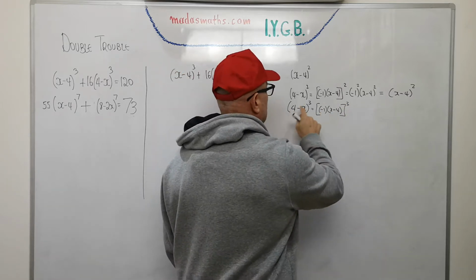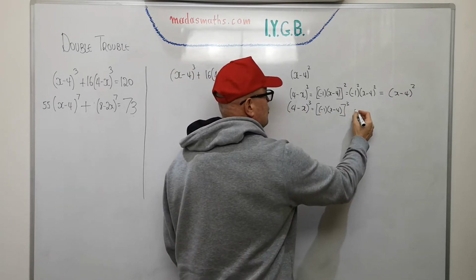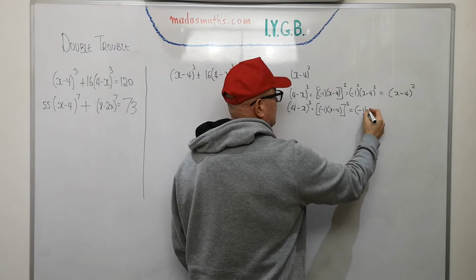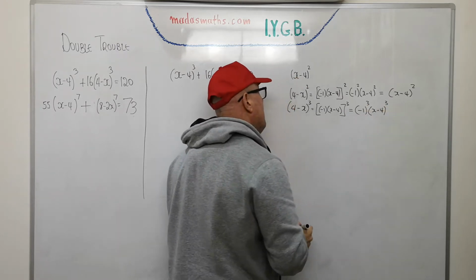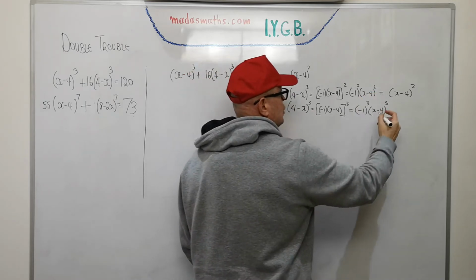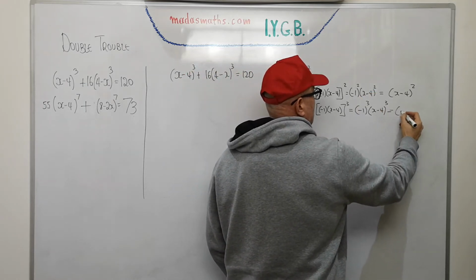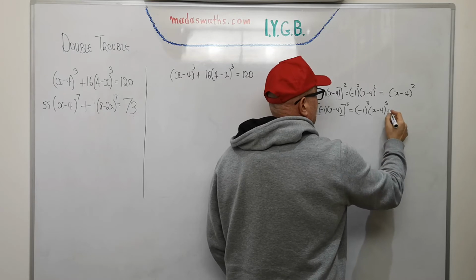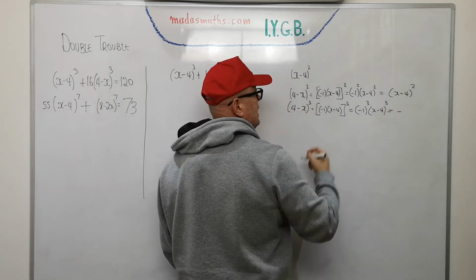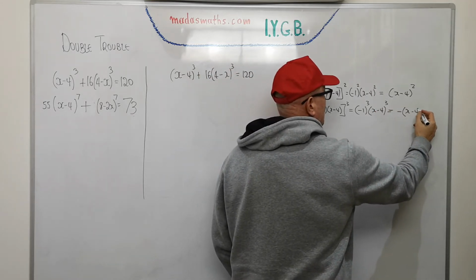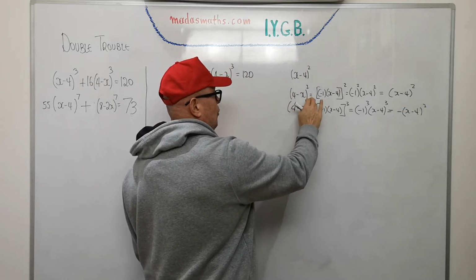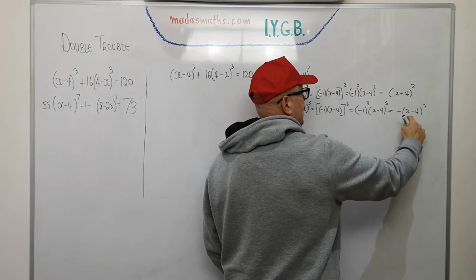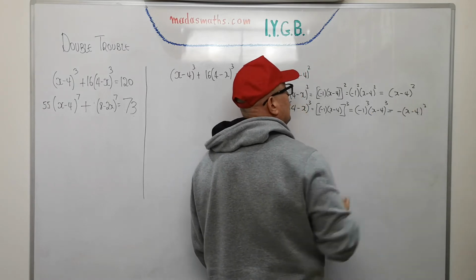So that's again your 4 minus x. If we now split into two separate quantities, we get this. But this time, the minus 1, when it gets cubed, is going to give us a minus 1 at the front, and an x minus 4 all cubed. So the 4 minus x all cubed will become a minus if I swap it.